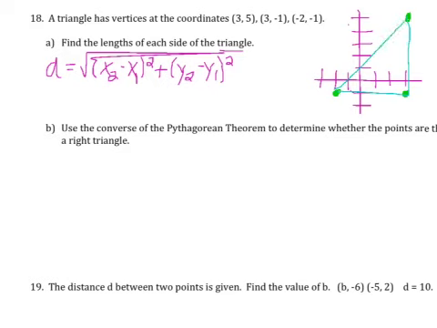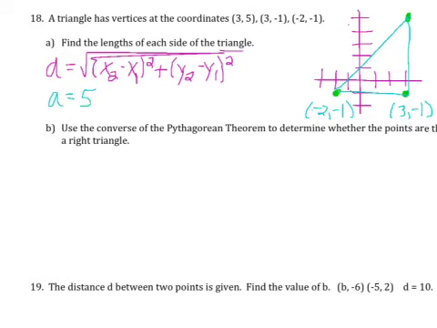Okay, so it looks like that. It's pretty easy to tell the distance between the point (-2, -1) and (3, -1), because we can just count. So it looks like it is 1, 2, 3, 4, 5 apart. So we can call that side A. So we can say that side A equals 5.